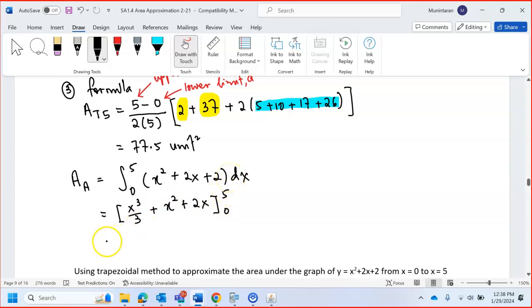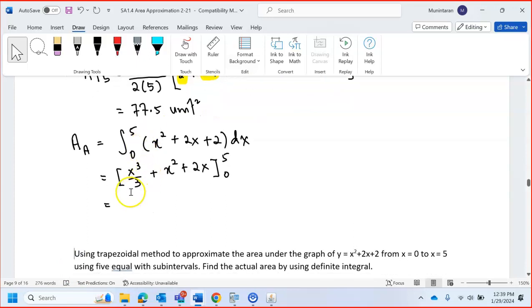Because this is a polynomial, you can just substitute that value and you should be able to get the answer. That will be 125 over 3 plus 25 plus 10 minus 0. Because this is a polynomial, when you substitute, it definitely gives you 0.